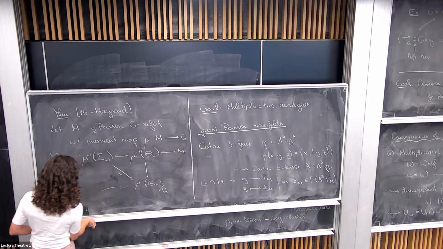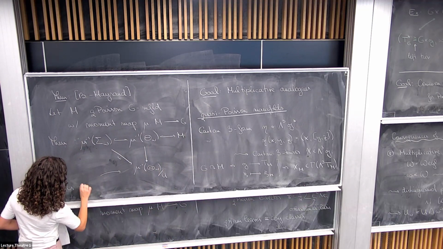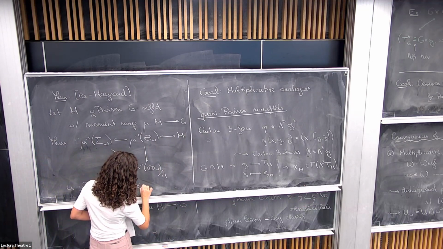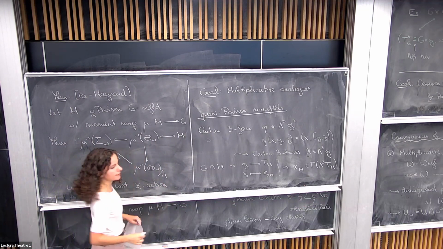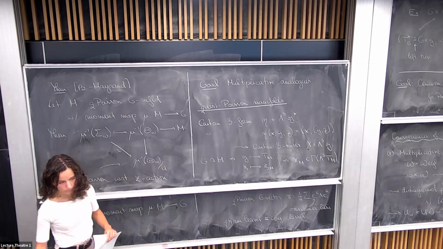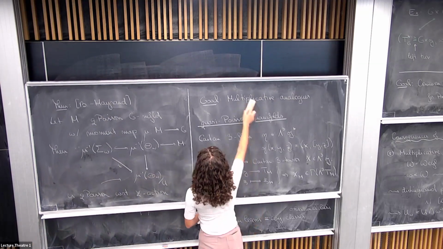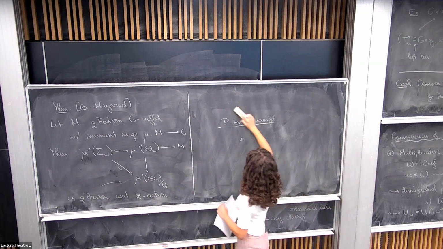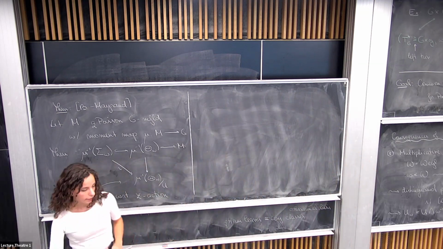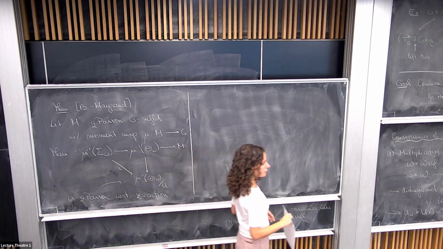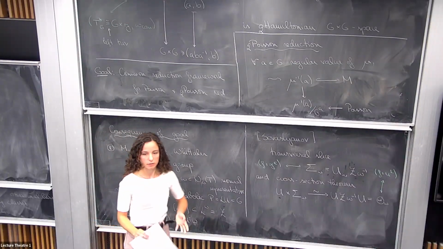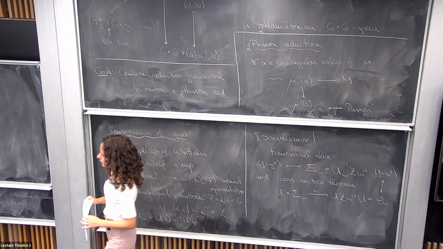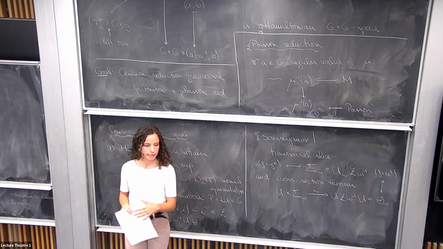And this is quasi-Poisson with respect to the residual action of the subgroup Z. So in particular, if the manifold M is just the group G itself, then this is a Hamiltonian quasi-Poisson manifold with moment map equal to the identity. And this gives us a quasi-Poisson structure on these transversal slices.